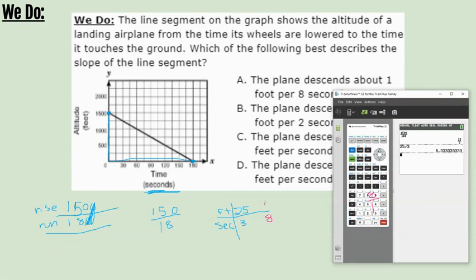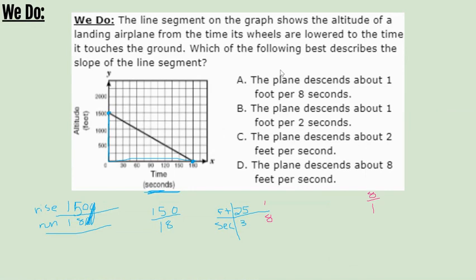So what we're looking at is descending 1 foot in 8 seconds. And that's not what it's saying. We're looking for 8 feet. It's descending 8 feet in 1 second. So this is not true. So that is going to be false.